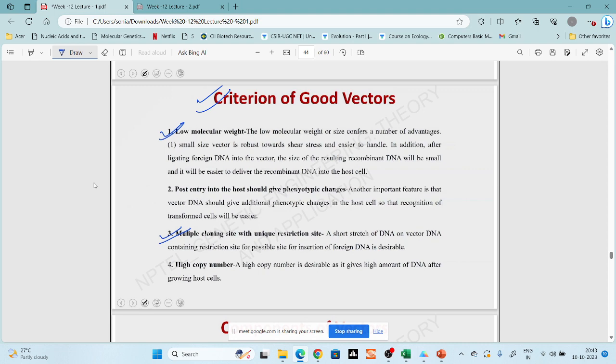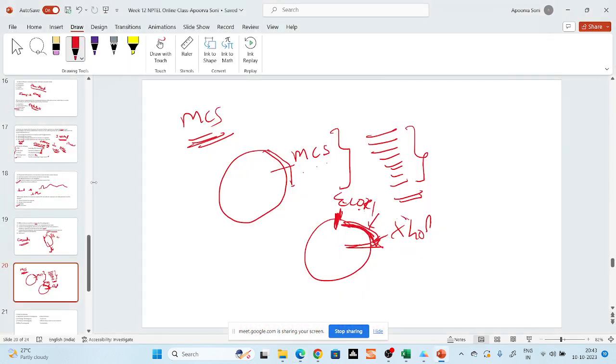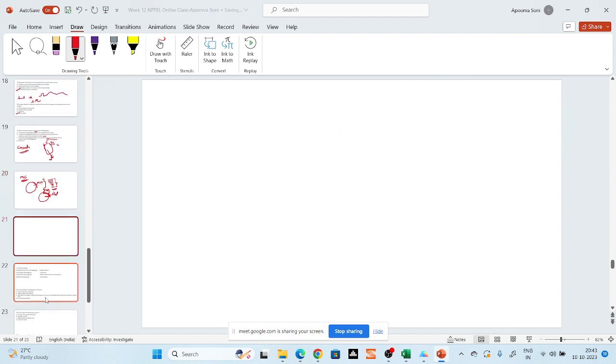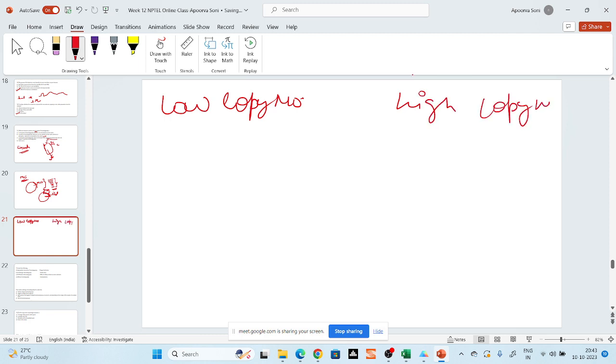Then high copy number. What is the meaning of high copy number? A vector can be of two types: a low copy number plasmid or vector, or a high copy number vector.